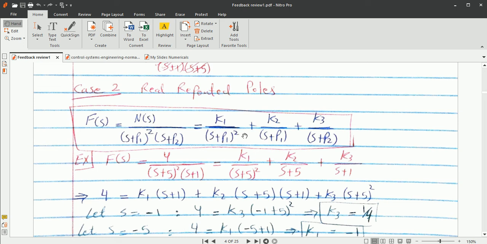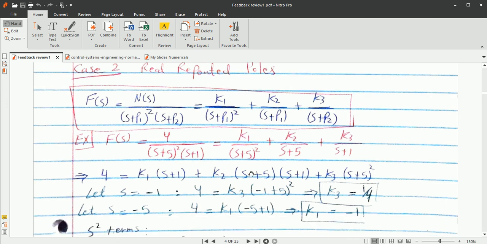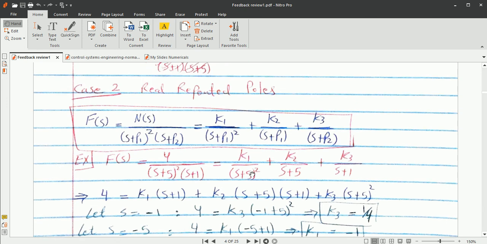There is a square of a pole. So you have first k1 over s plus p1 square, then the same thing.